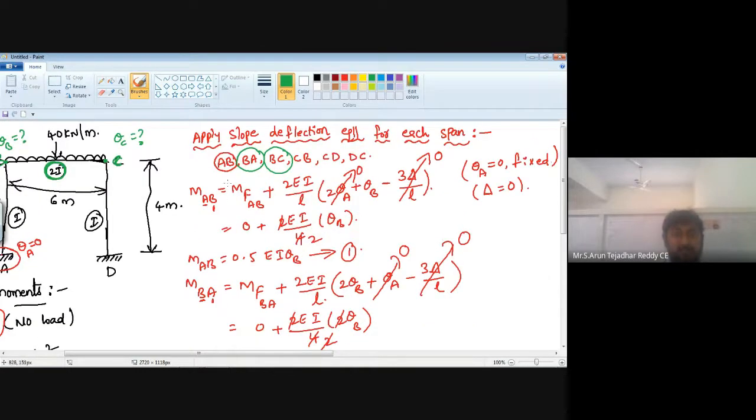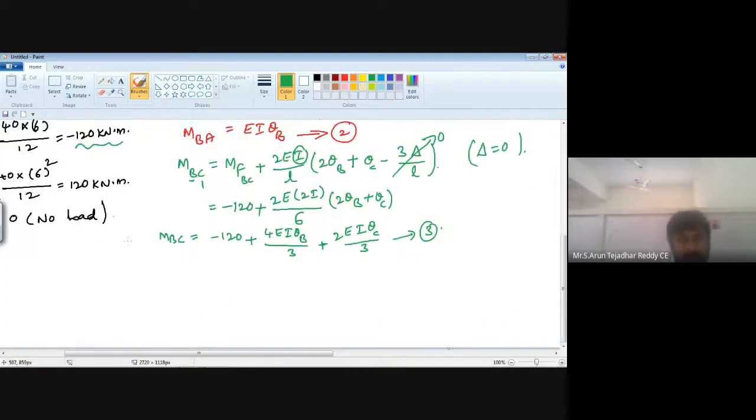So BC is completed. Next is CB. So MCB is equal to fixed end moment span CB plus 2EI by L into first term is C, so twice theta C, second term is B, so plus theta B, minus 3 delta by L. Now delta is 0 because it is a non-sway frame.